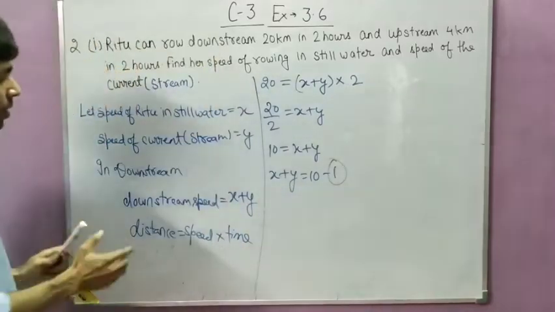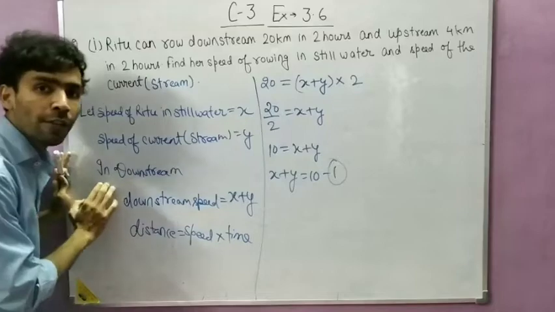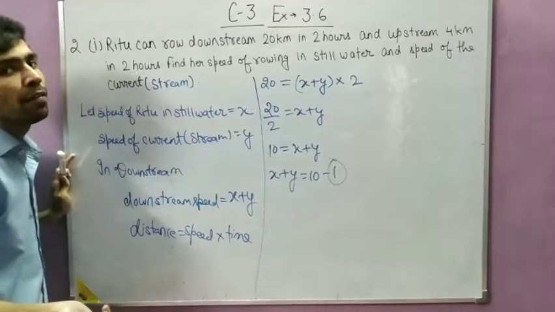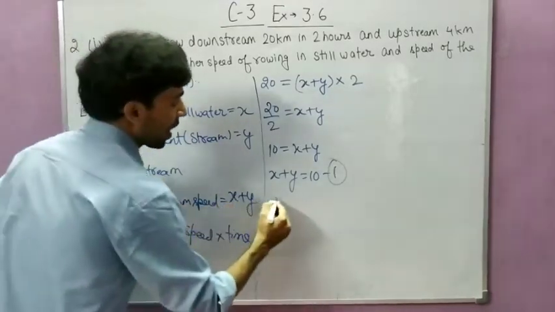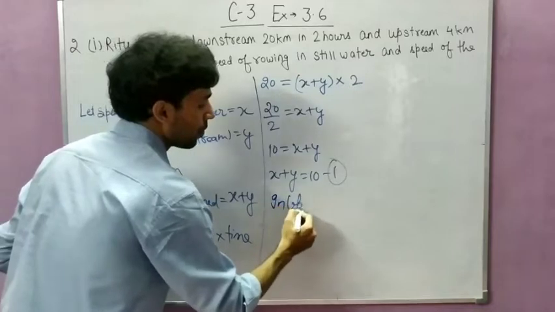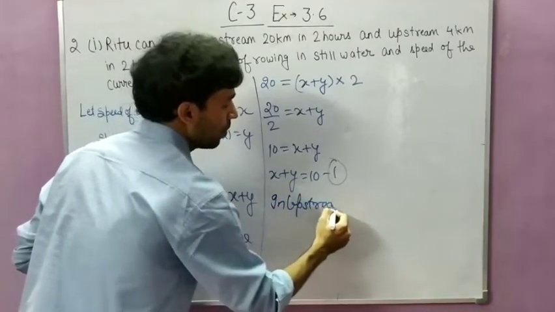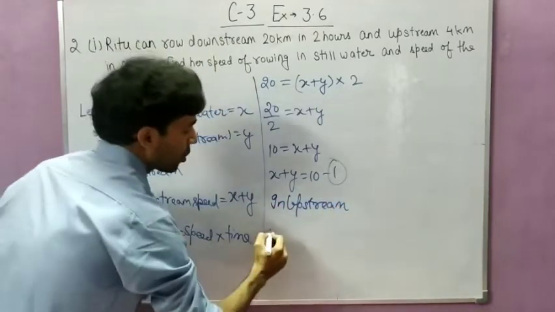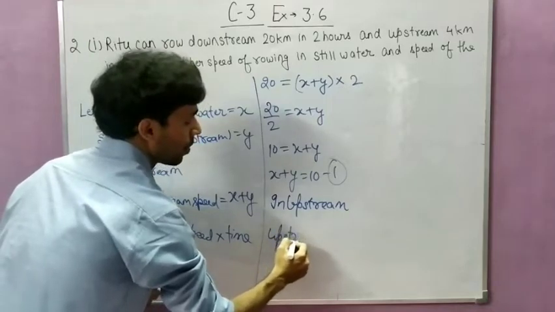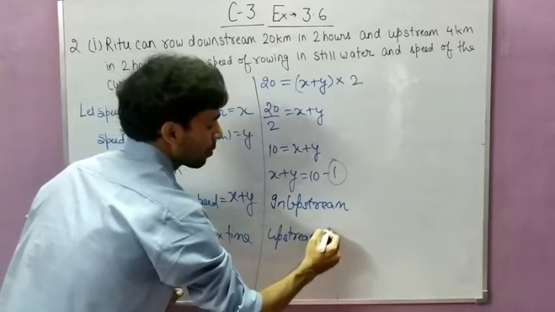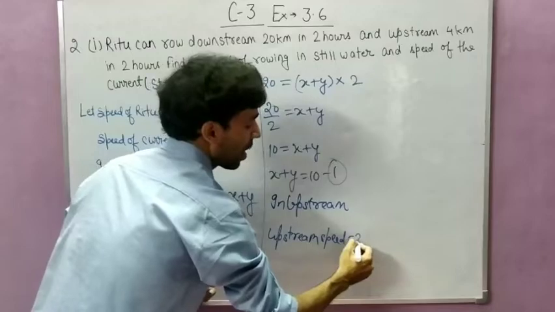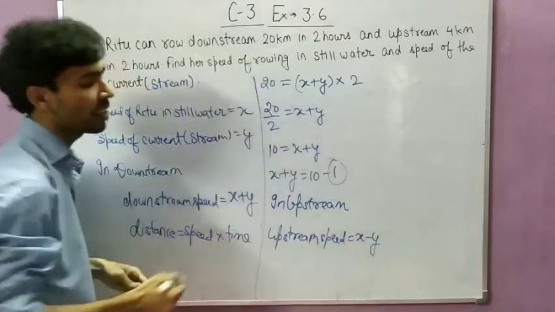Now, as we have solved for downstream, the same concept we will use for upstream. So in upstream, the upstream speed will be x minus y, because in this case negative was there.